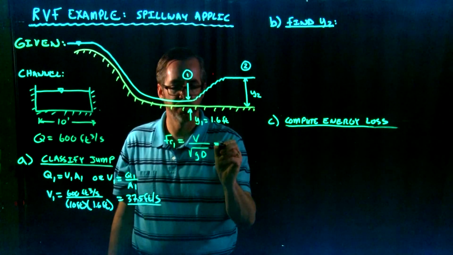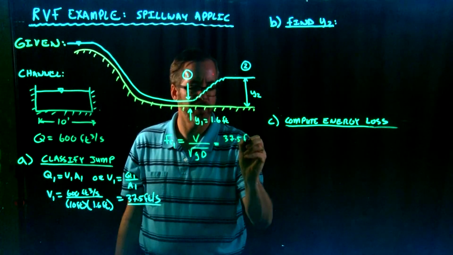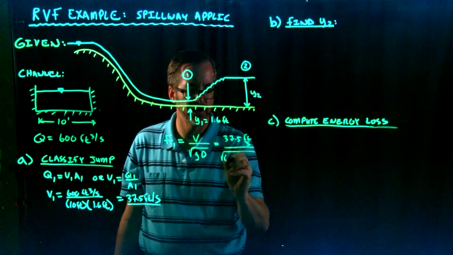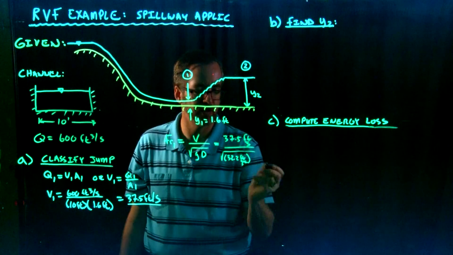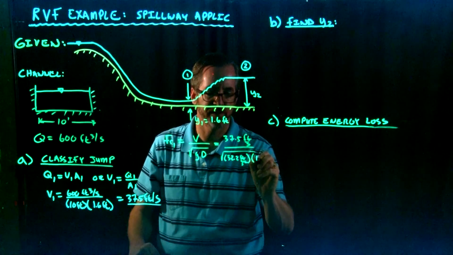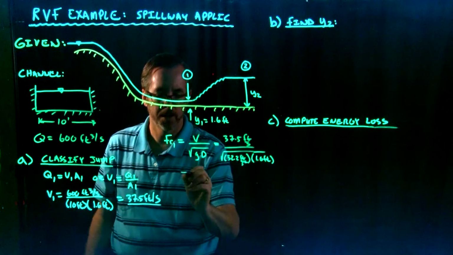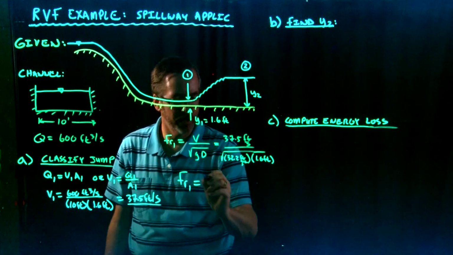So we have all the terms that are needed in this equation. We have velocity of 37.5 feet per second, and then square root of 32.2 feet per second squared for g, and then a hydraulic depth of 1.6 feet. Again, that's just the depth of the channel, but it's rectangular. This gives me a Froude number of 5.22.